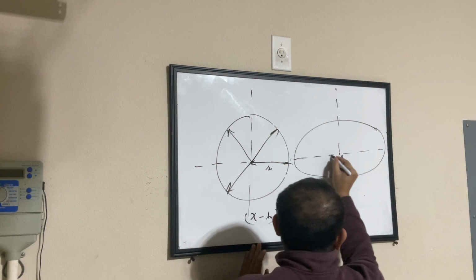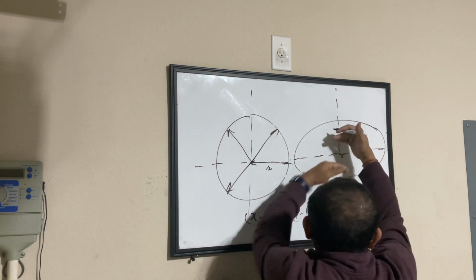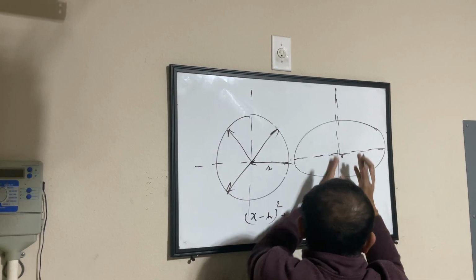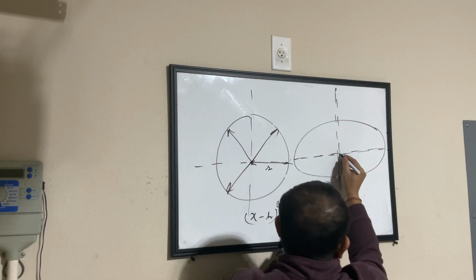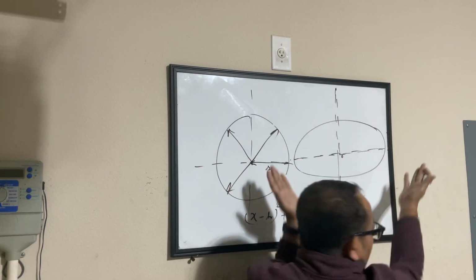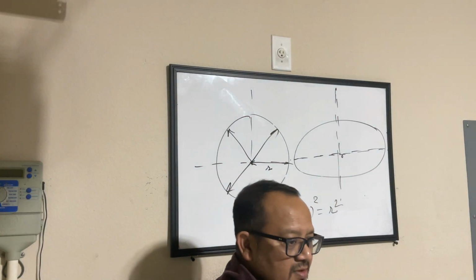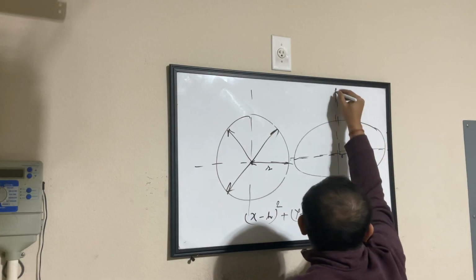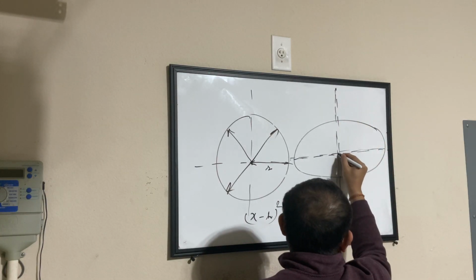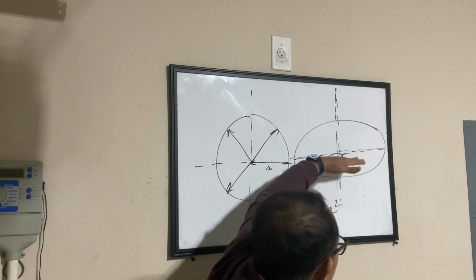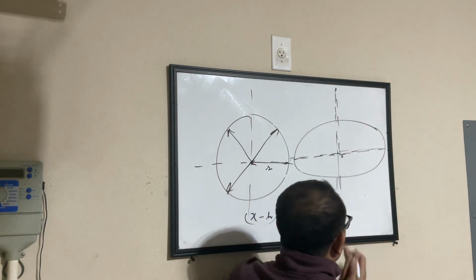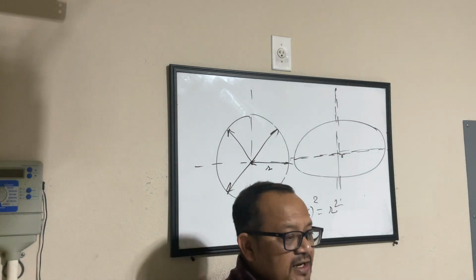There is a horizontal line which divides this shape into two equal parts. Similarly, there is a vertical line crossing this point which also splits it into two equal parts. This horizontal line and this vertical line intersect at this point, and this I will say is the center of the ellipse.